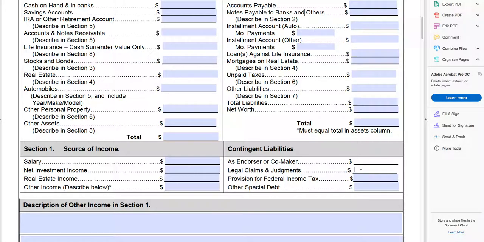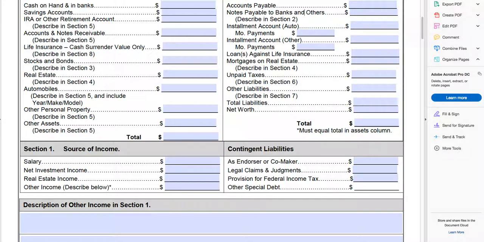Most people don't have this. Legal claims and judgments are any debts associated with legal claims and judgments against you. Provision for federal tax is any money you're setting aside to pay expected federal income taxes, typically when your financial situation changes. And this is a catch-all. The other special debt is a catch-all for all your debt.